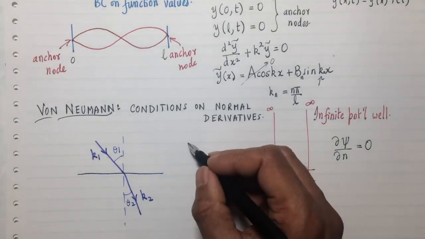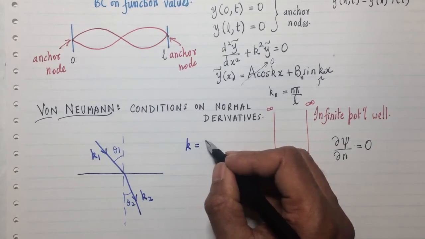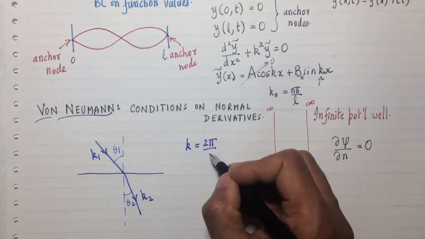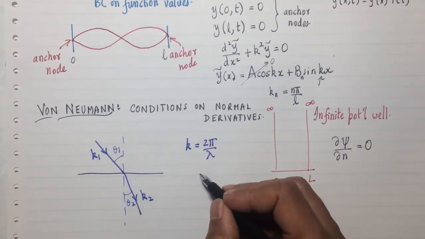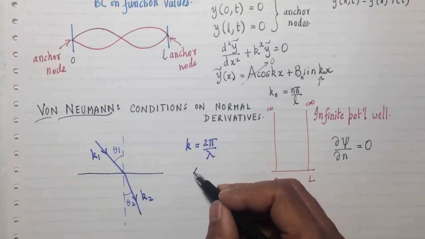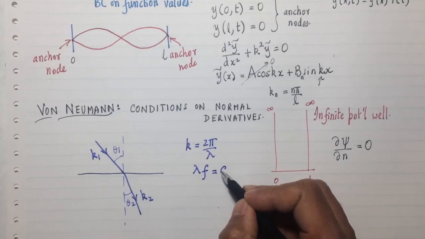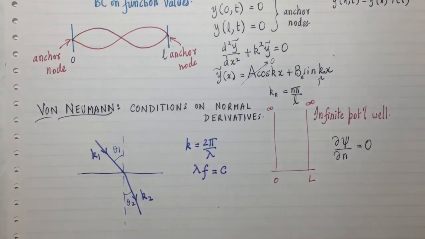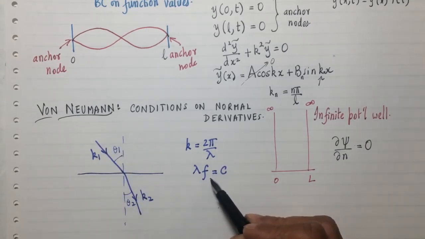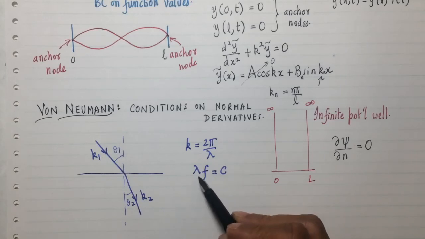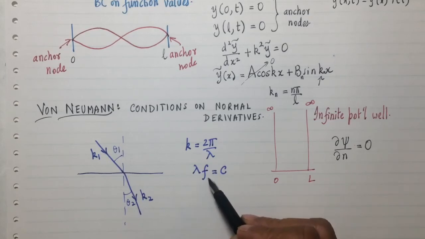Just an FYI, k equals 2 pi over lambda, and lambda times the frequency equals the speed. Now, when you go from one medium to another medium, the frequency does not change. The lambda changes and the speed changes, but the frequency does not change.